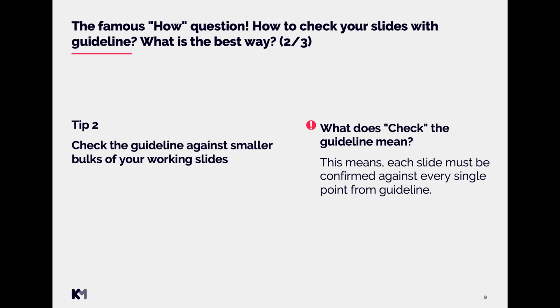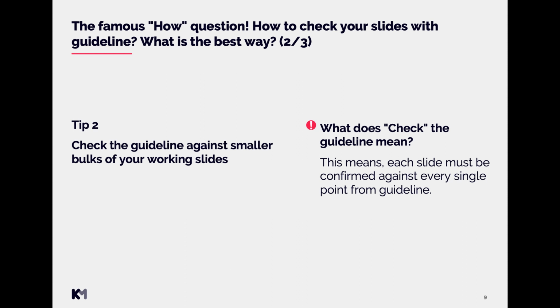There are so many different rules in the guideline, for example, title formatting, color usage, bullet point annotation, bullet point shapes, bullet point colors, icon formatting, and so many things. So in order to check all these points, you need to work in a smaller bulk, especially when you are working with non-familiar guidelines.